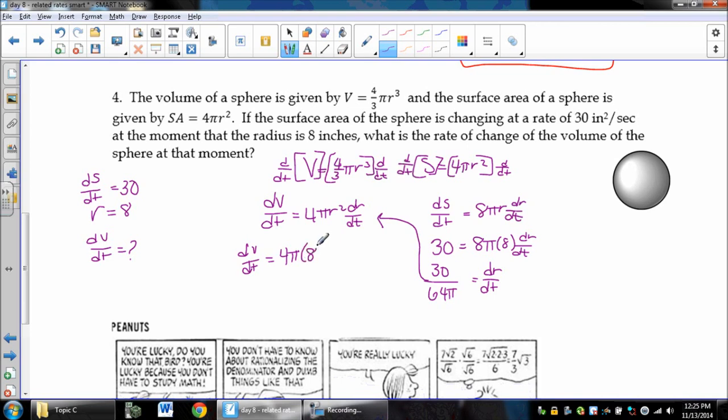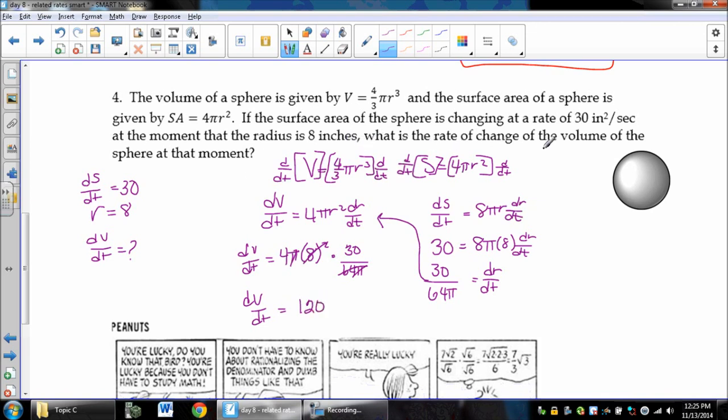I'm using the same r, so that's 8 squared, times dr/dt, which is 30 over 64 pi. Well, isn't that nice? 8 squared is 64, and pi cancels with pi, so I just have 4 times 30, and dV/dt is 4 times 30, which is 120.